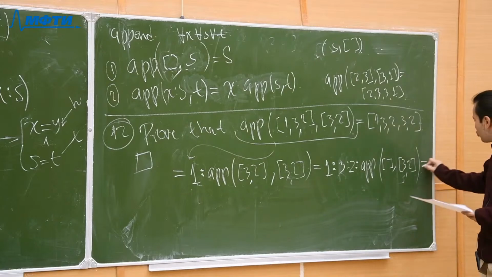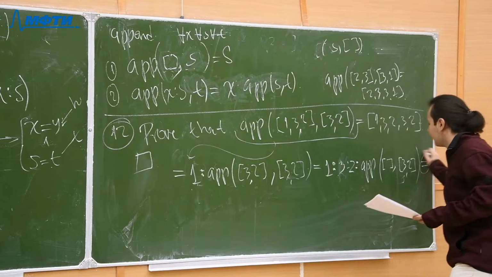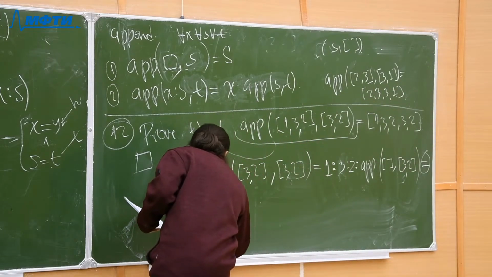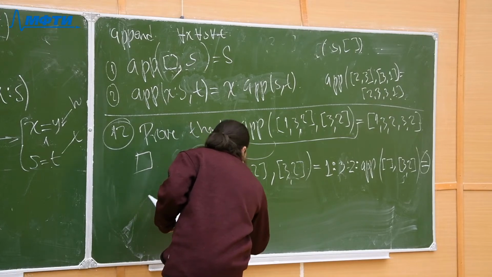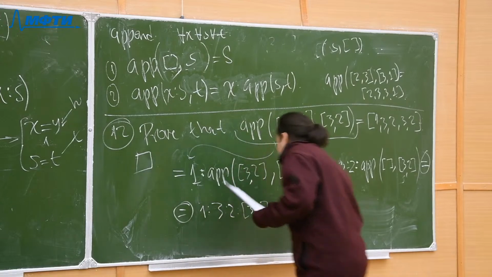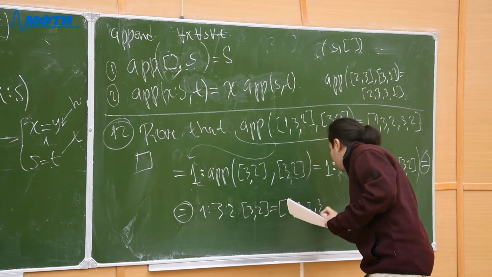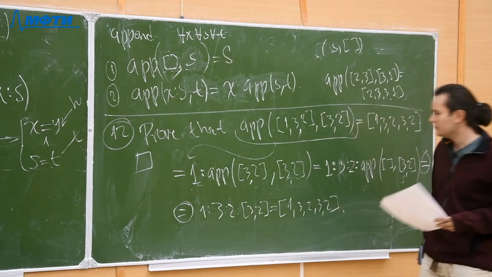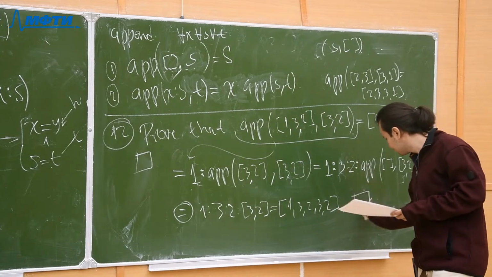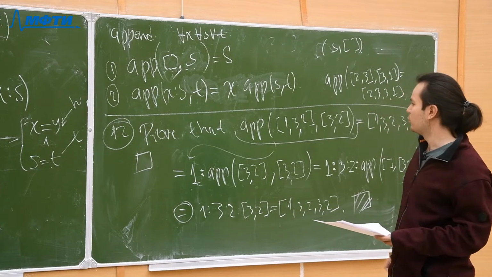And this is 3, 2 because of this, right? So we have that this is 1, 2, 3, 2, 3, 2. So this is equal to 1, 2, 3, 2, 3, 2. Okay. And that's it with this one.